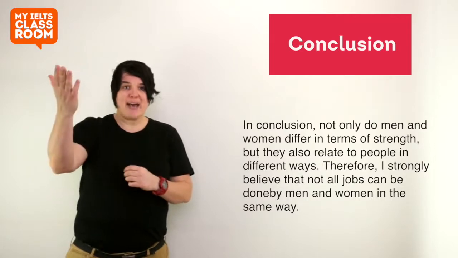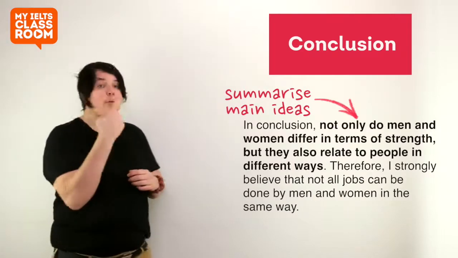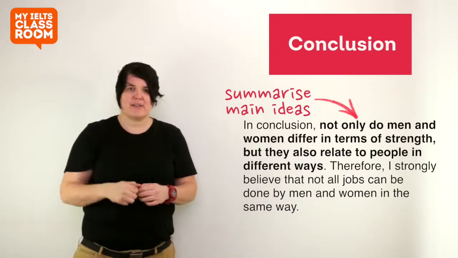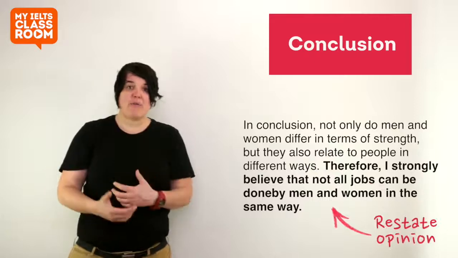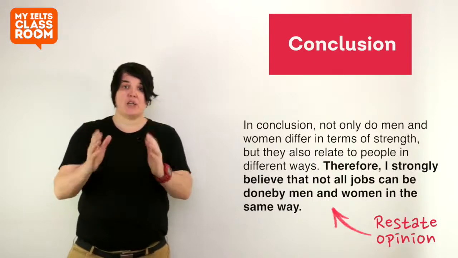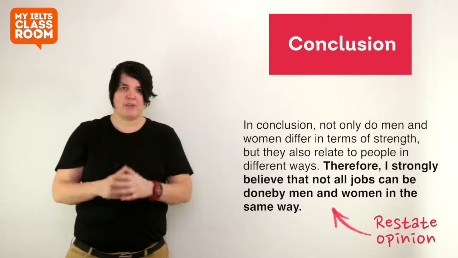I've looked back at my essay and I've taken my 2 main ideas and I've put them inside the first sentence. Then I have rephrased or re-paraphrased my main argument that I disagree with the original question.